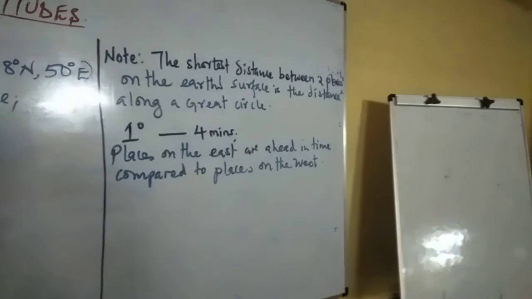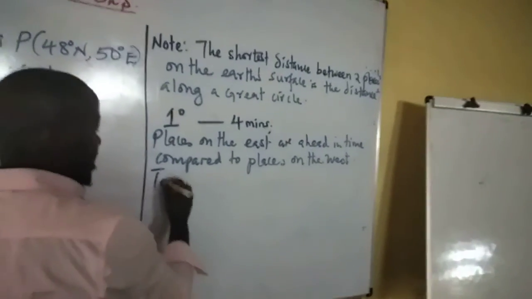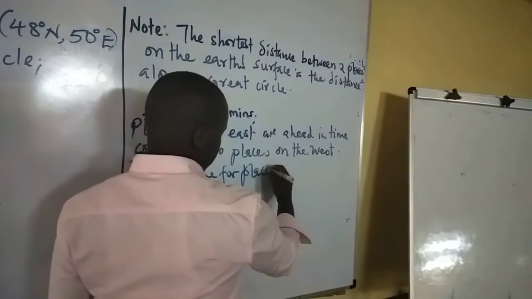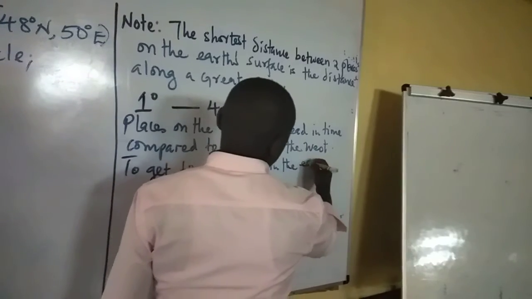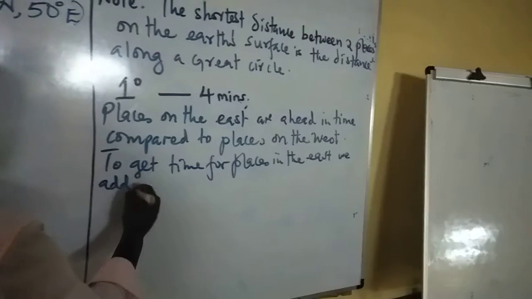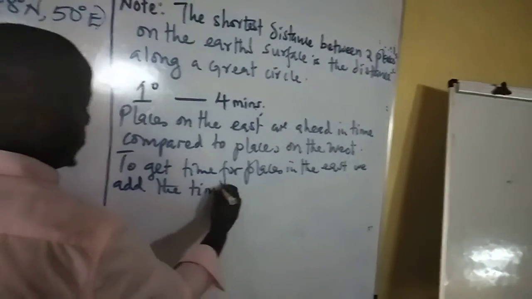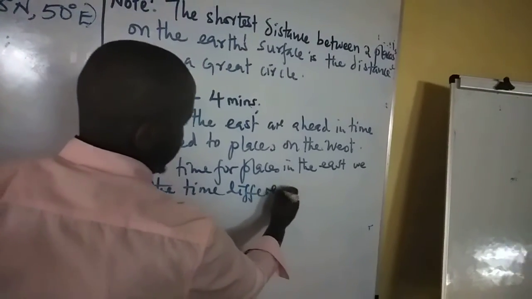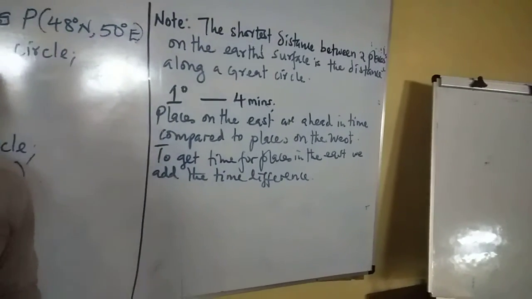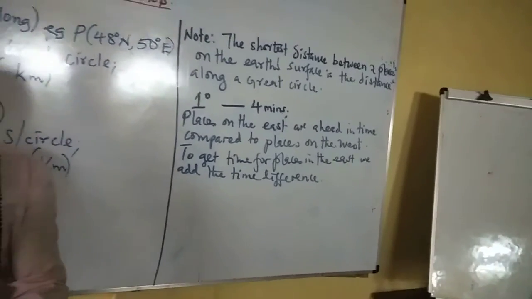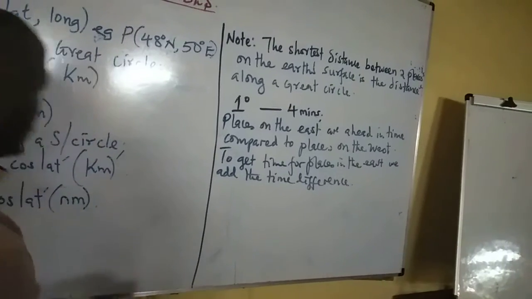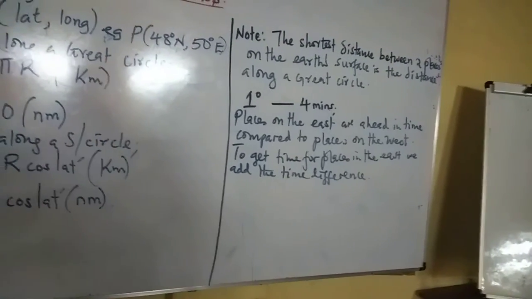So to get time for places in the east, we add the time difference. On the contrary, for places in the west, to get the time difference, we subtract, because places in the west are behind in time compared to places in the east.